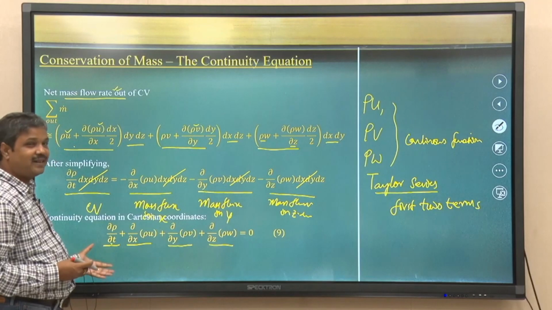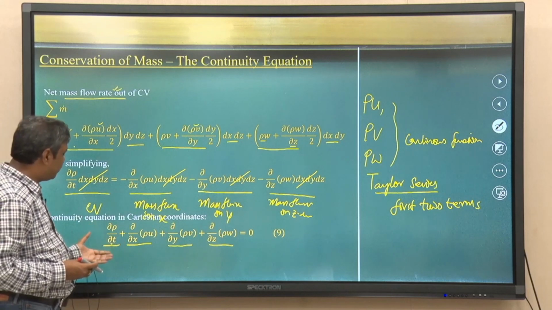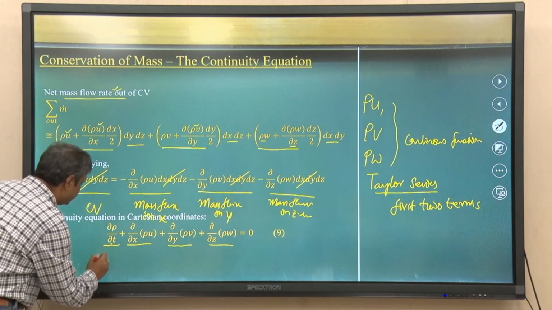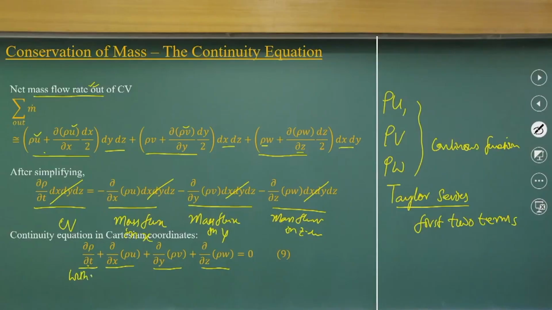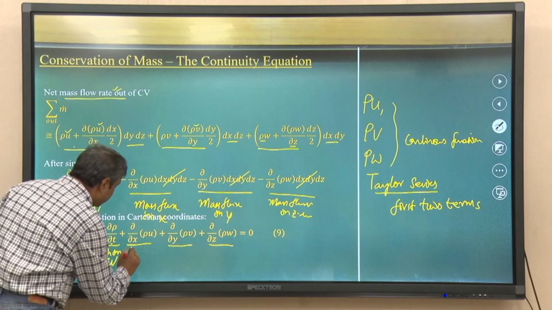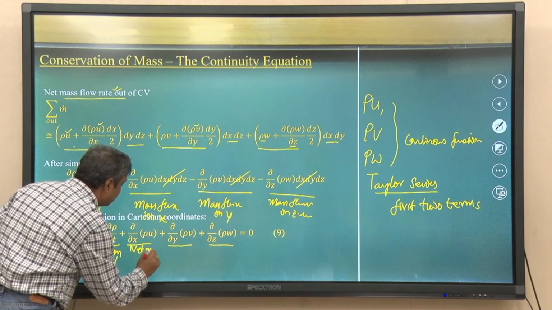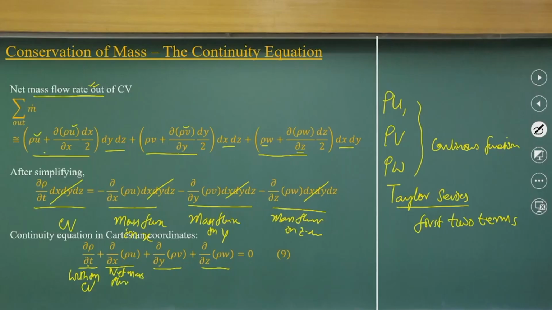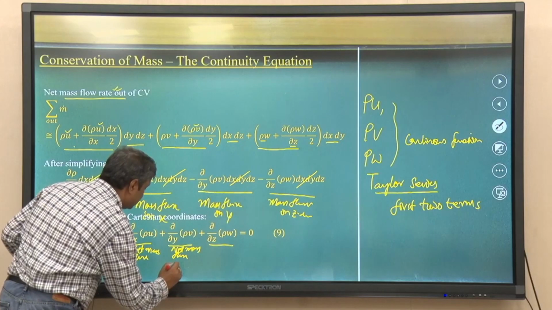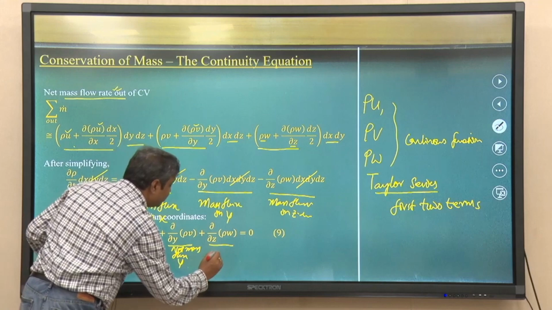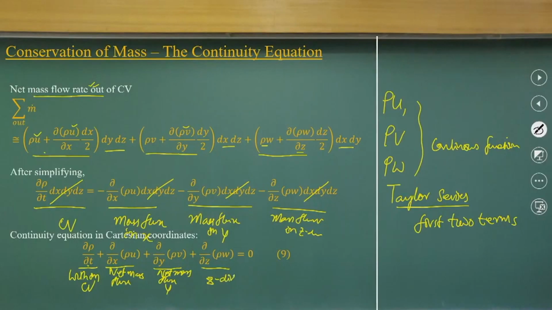So, physically we can understand that we are looking for the change of the mass storage within the control volume with respect to time. The net mass flux is going through the x direction, this part is the net mass flux in the y direction, and this is the z direction.